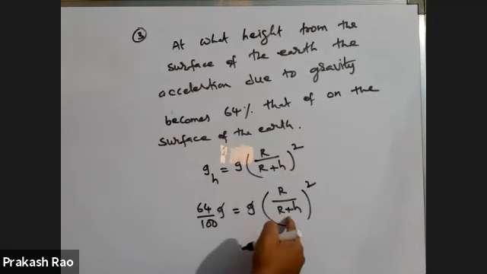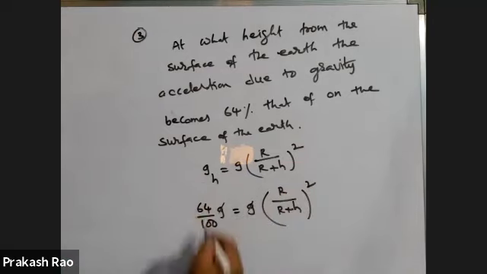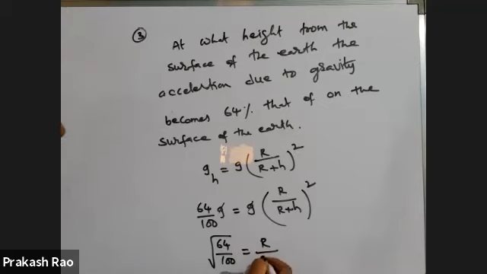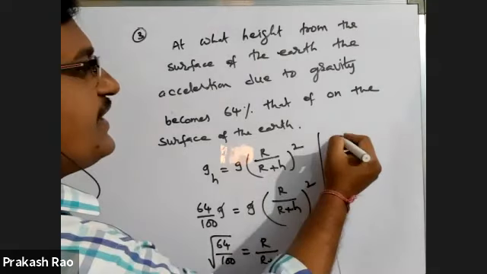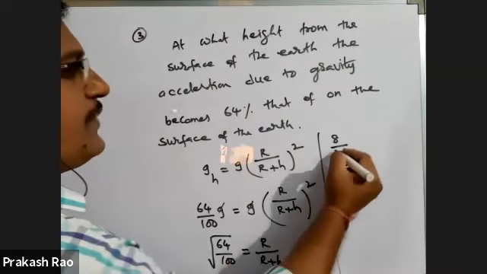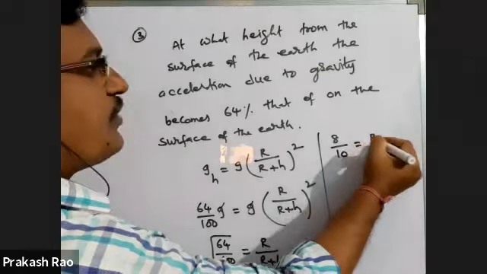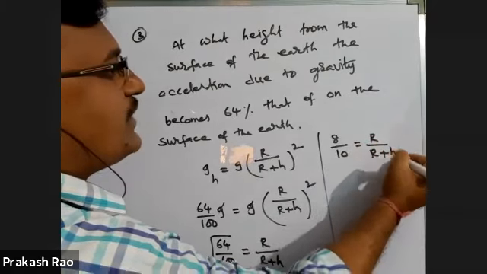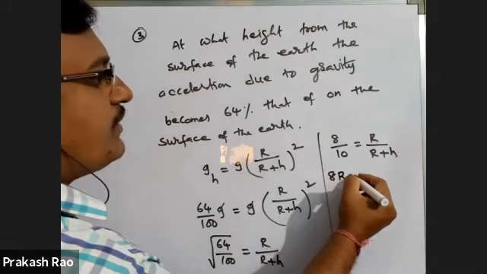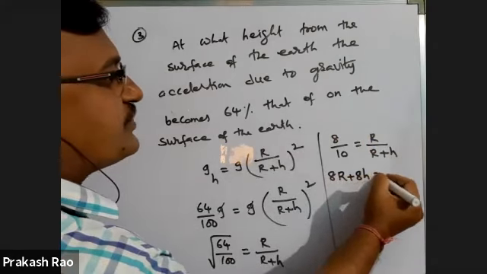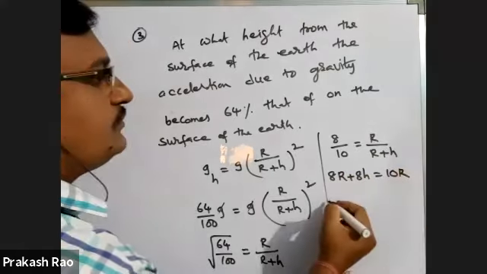I want to get H. So here the square is there. Take the square root on both sides. Root of 64 by 100 is equal to R by R plus H. Root 64 means 8, root 100 means 10, which is equal to R by R plus H. Cross multiply, my dear students. 8R plus 8H is equal to 10R.